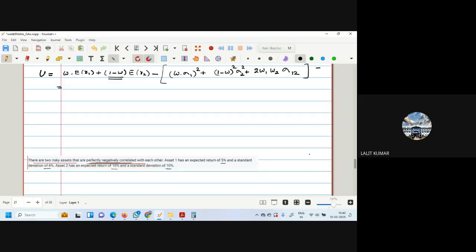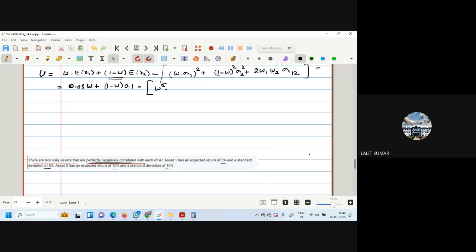This has got 0.05, so 0.05 W plus ER2 is 10%, so 1 minus W into 0.1, minus W square into sigma 1 square.